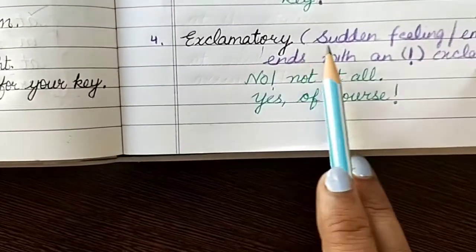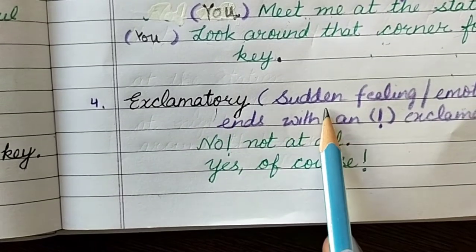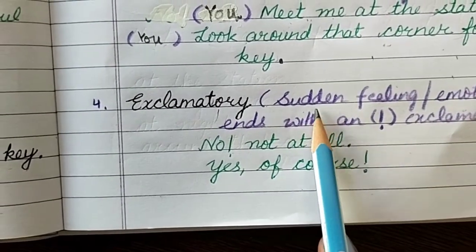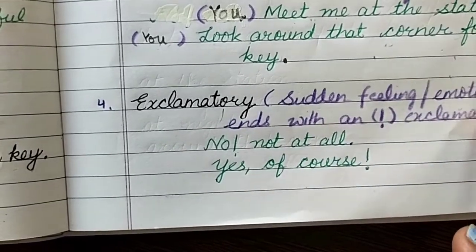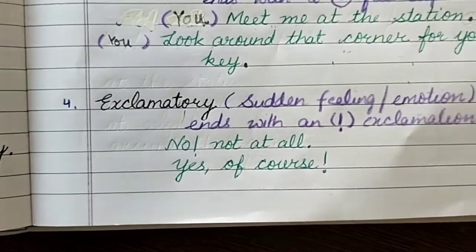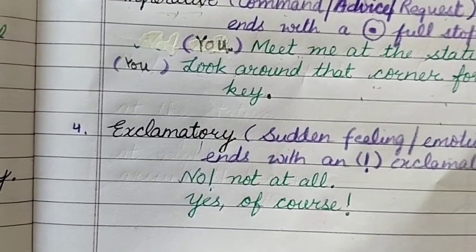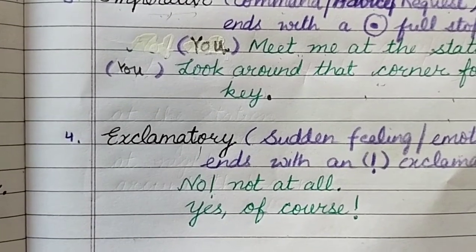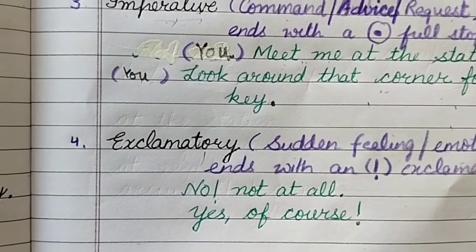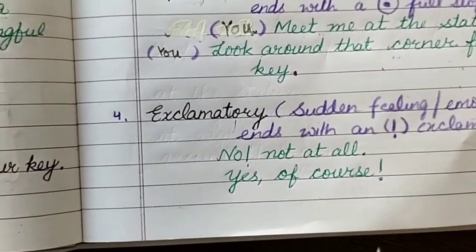Then exclamatory sentences. Now exclamatory sentences are those sentences where we just express sudden feelings and emotions, right? एकदम अचानक से, जैसे हम बोलते हैं wow what a nice cake पापा, एकदम केक को देख के हमने बोला, है ना, oh how lovely, how sweet you are, है ना, no not at all, yes of course.